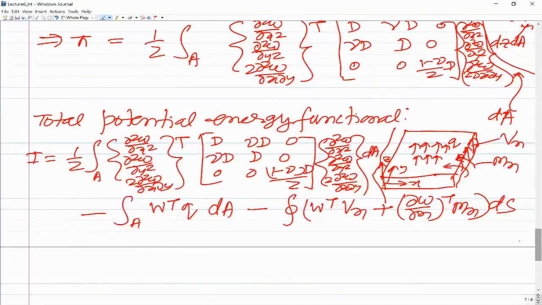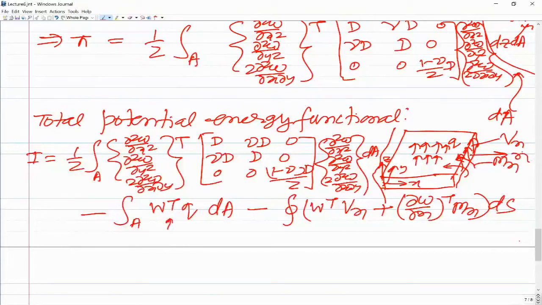Sir, can you tell the sign convention for Vn and Mn? So the sign convention is that here the outward normal, this is actually n I am taking. So Vn is positive along the positive z direction, and Mn, as you see, is positive about the negative tangent direction.